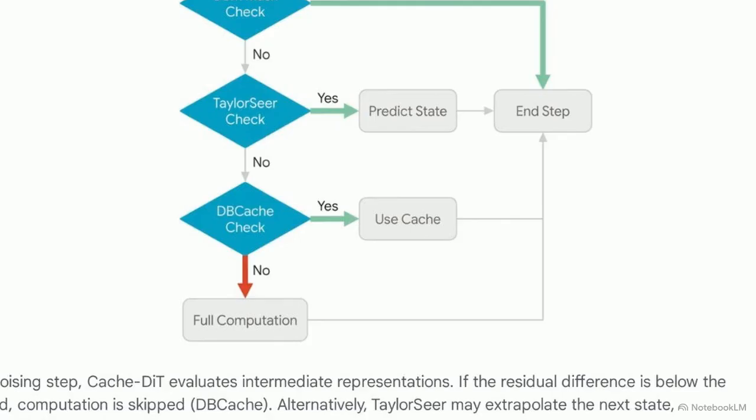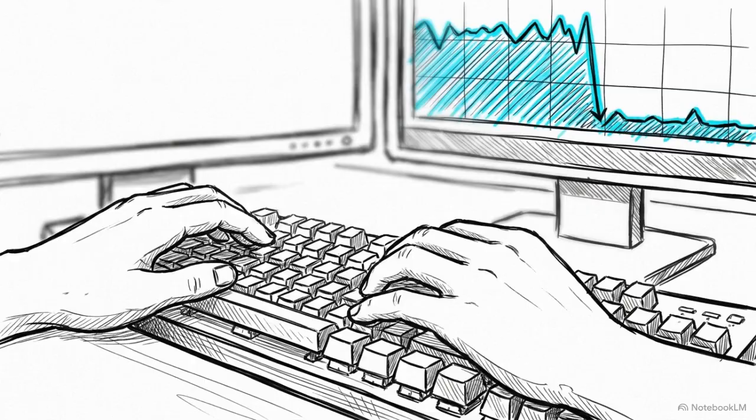Finally, at the microarchitectural level, the dual block cache evaluates the mathematical residual difference between the current input and the previously cached state. If the difference is below a threshold, it uses the cache. Otherwise, it forces full computation. By configuring these specific residual thresholds, infrastructure engineers can increase overall system throughput and lower latency without yielding noticeable degradation and without requiring costly model retraining.